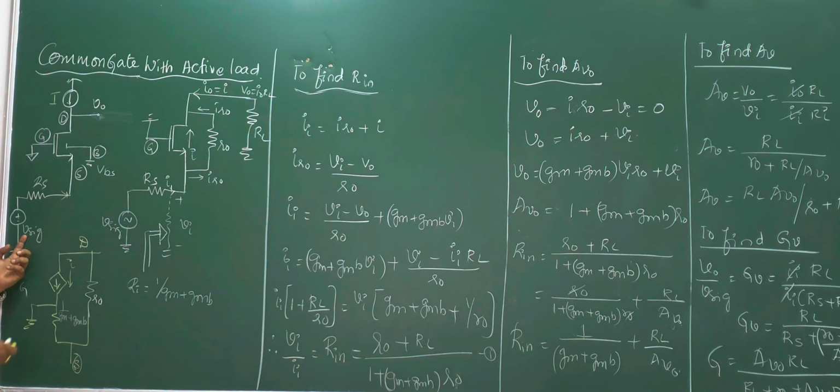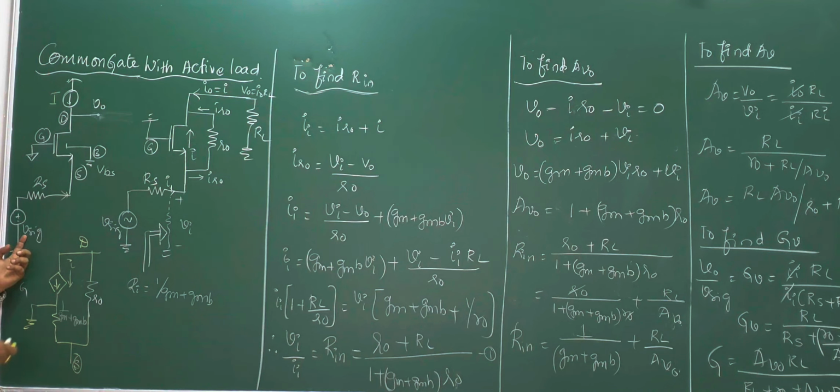Now for this loop 1, we need to apply KVL in order to find the voltage gain AV0, that is, when RL is not there. AV0 is nothing but V out by Vi when RL is infinite. How did we get this equation?